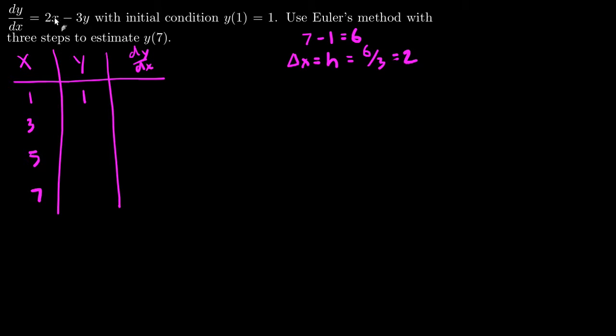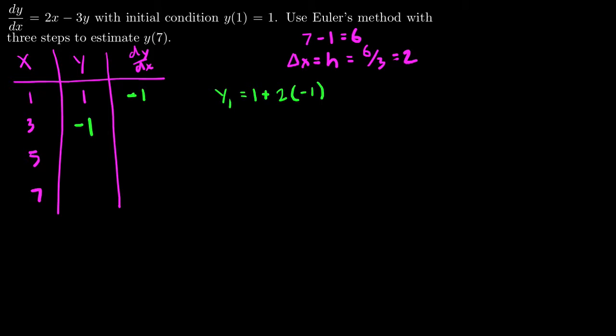So in here, 2x minus 3y, 2 minus 3 is negative 1. And so I take my previous y value, which is 1, and add on my step size times the slope. It's just dealing with the tangent line. And I'll get that my new y value is negative 1.